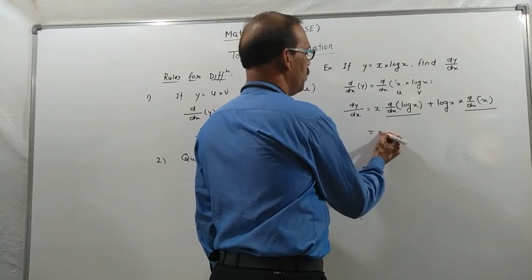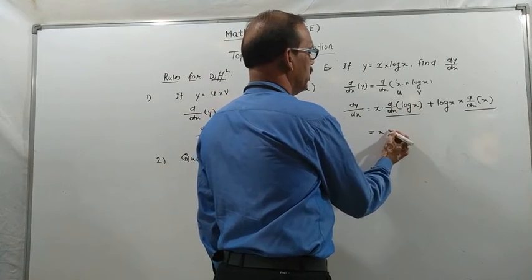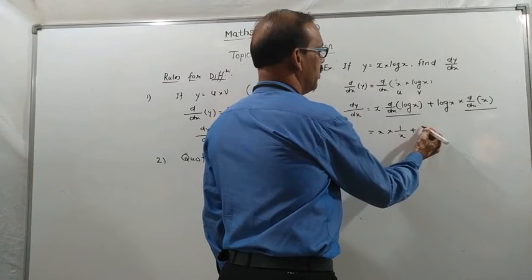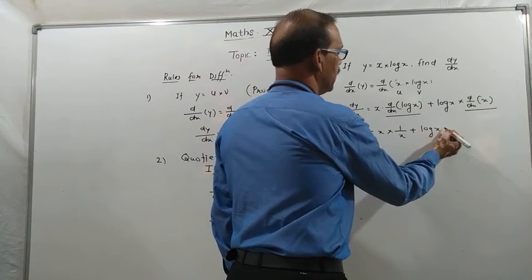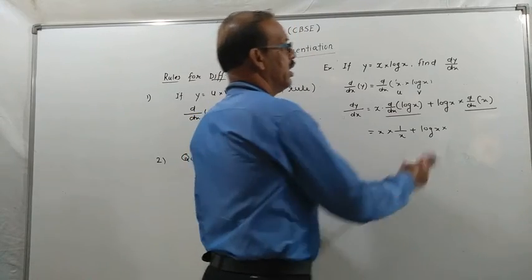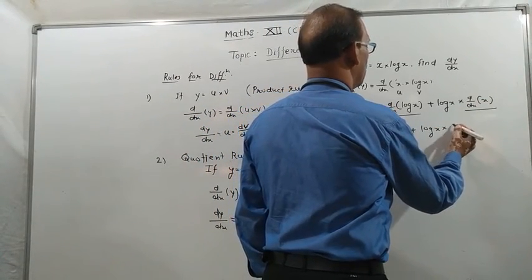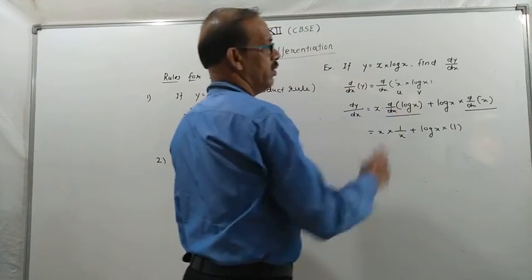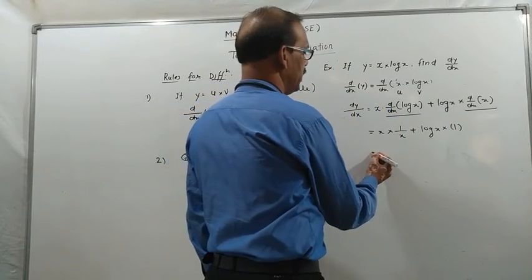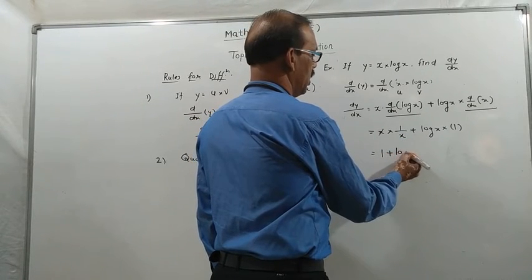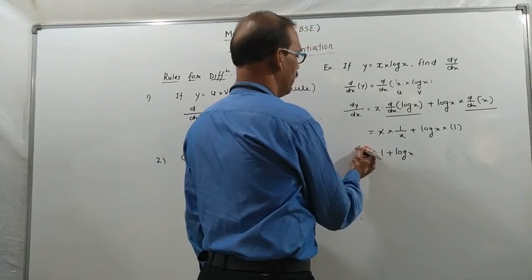We know the derivative of log x is 1 by x. Now log x as it is, d/dx of x, it is 1. How is d/dx of x equal to 1? The x's cancel. This is the value of dy by dx.